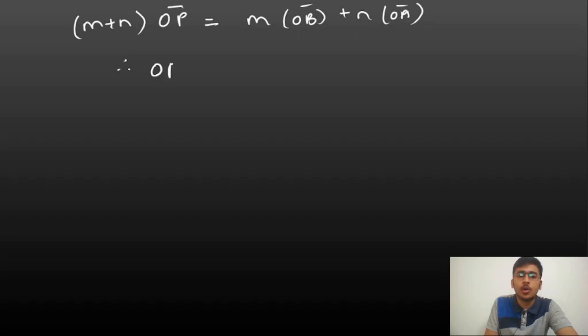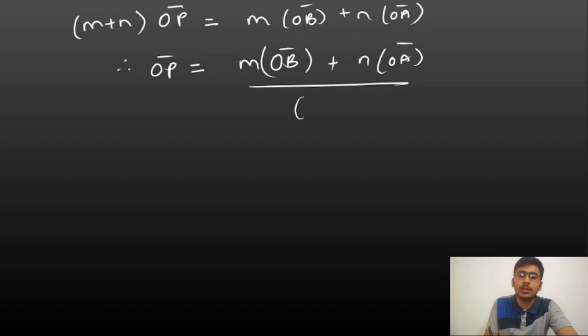Therefore, OP vector is nothing but m times OB vector plus n times OA vector upon m plus n, because m and n are scalars.